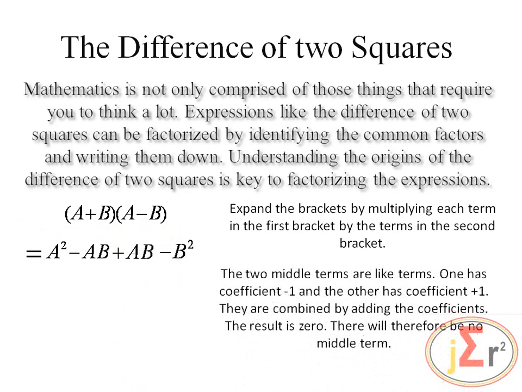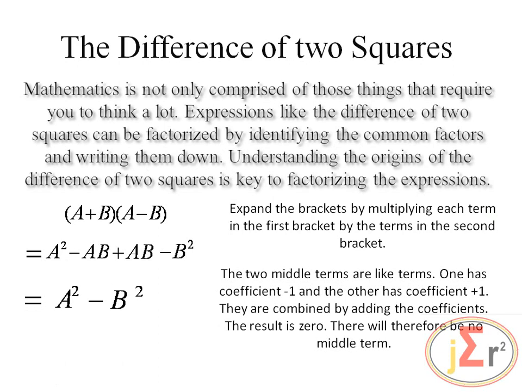The two middle terms are like terms. One has coefficient -1 and the other has coefficient +1. They are combined by adding the coefficients. Adding them together, a +1 and a -1, the result is 0. And we have therefore no middle term because they have a cancelling effect on each other.